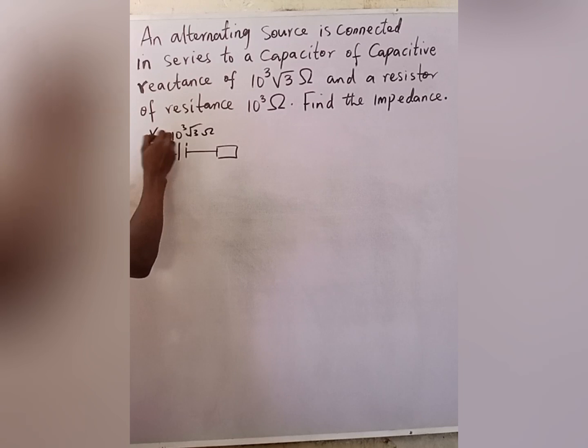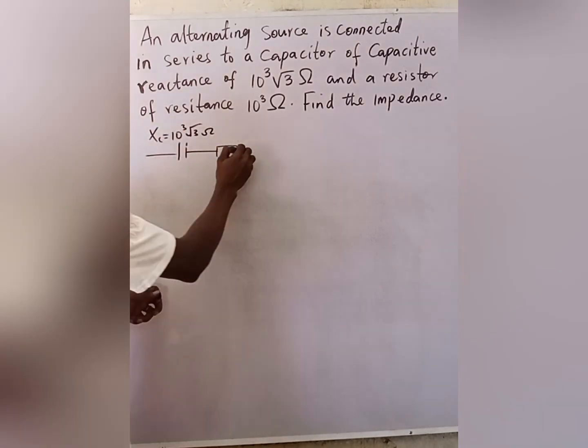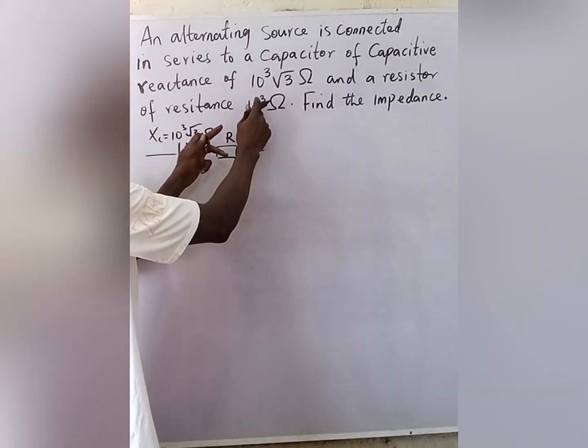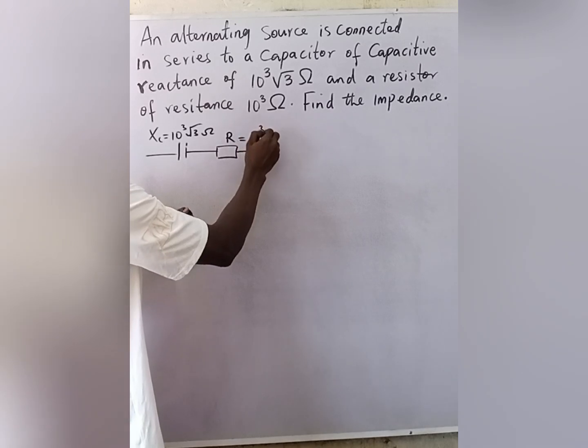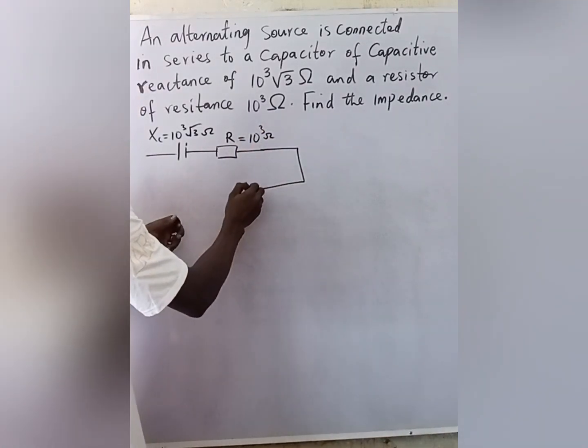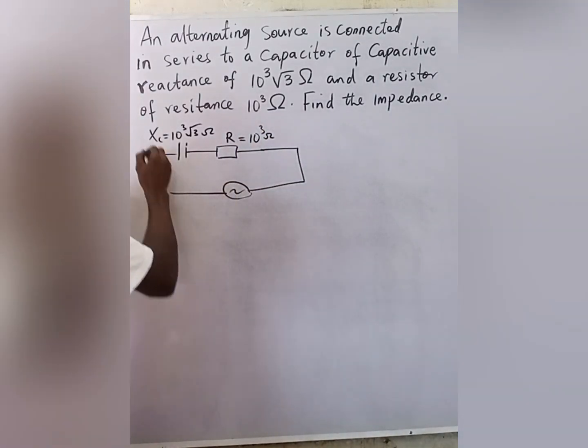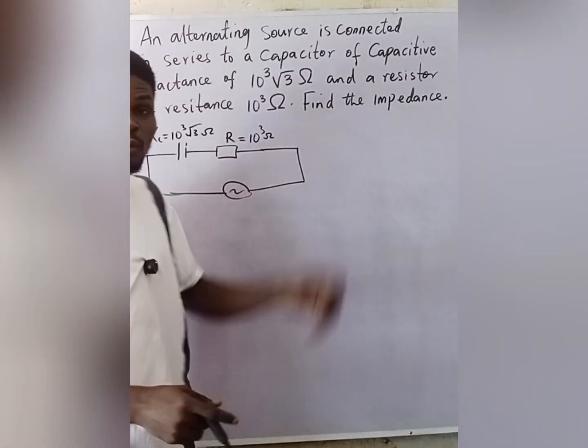This is XC. Then this one is our R, which is 10 raised to power 3 ohms. Then it's connected to an alternating source. This is just the simple diagram of this question.